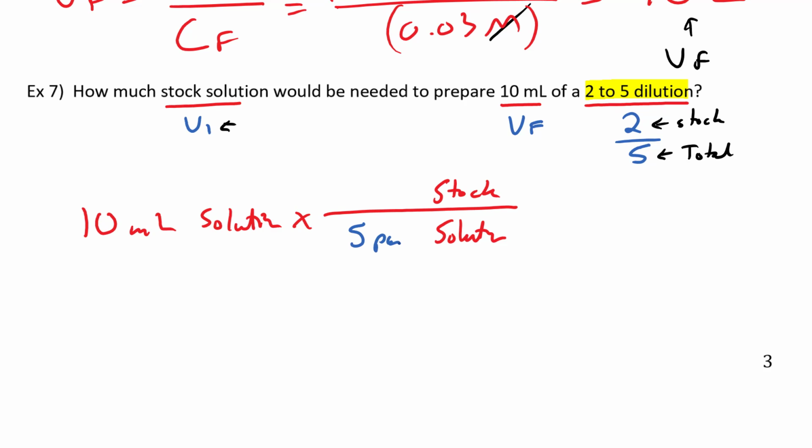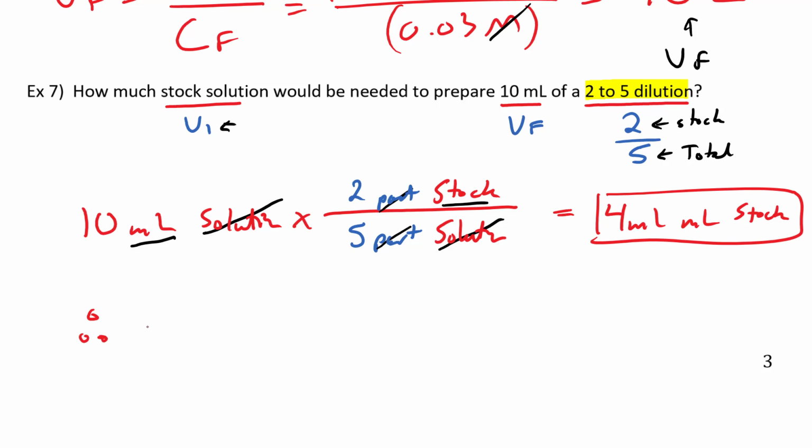We have 5 parts total solution for every 2 parts stock. Parts cancel out, solutions cancel out. I'm left with milliliters of stock solution. 2 times 10 is 20, divided by 5 is 4. Units are going to be milliliters of stock solution.